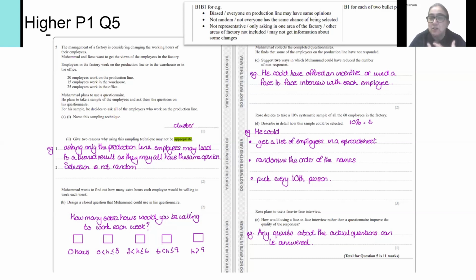That decision is taken out of their hands. That little bit of panic for some students is taken out of their hands. And almost all students were able to give at least one reason. The second reason, sometimes not so well, and sometimes a little bit woolly.